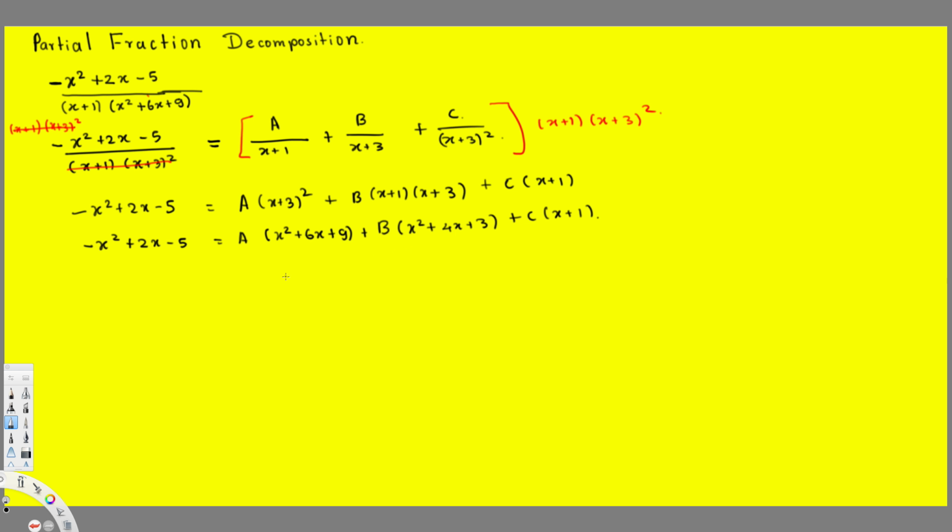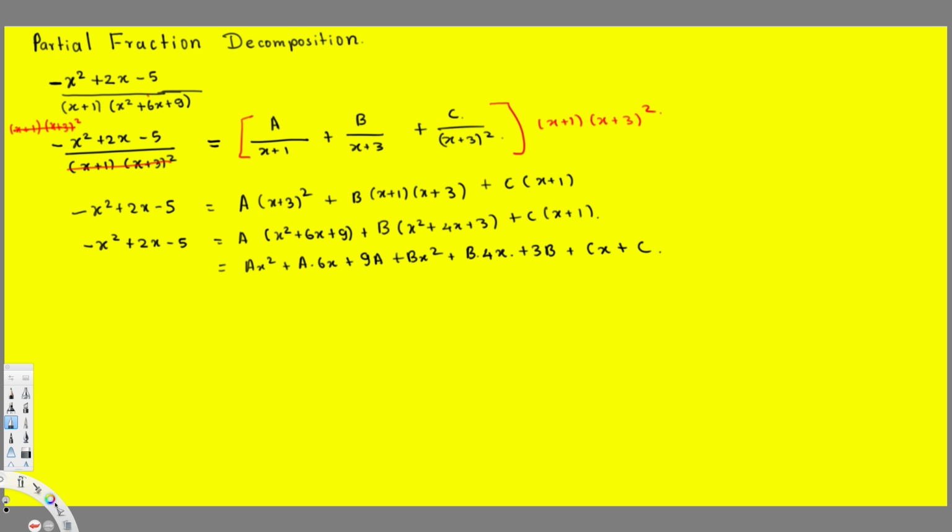So let's multiply everything. This is going to be Ax squared plus 6Ax plus 9A, and we are going to have Bx squared plus 4Bx plus 3B, then we are going to have Cx plus C.